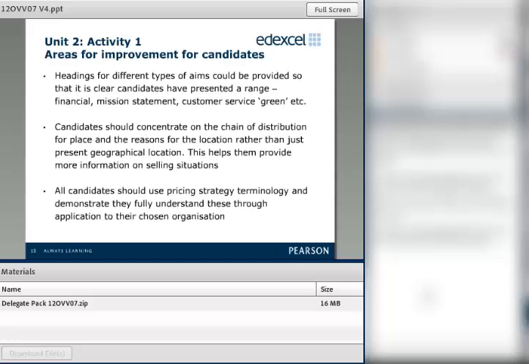They'll be looking totally at customer service and wanting to present an excellent customer interface, whereas financial would obviously be to make as much money as possible if they're a private enterprise. And sometimes those two initially would look as if they're going in opposite directions to one another. So it's useful if the candidates put headings in so that they can actually look at a range. Okay, hopefully that makes sense.